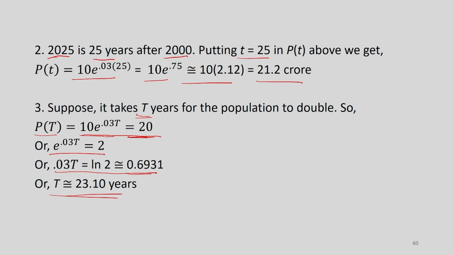And so in short, the population of that country will double in a little bit more than 23 years if it continues to grow at 3%. Now, the relevant question for India will be how long will it take for India's population to become 200 crore, right? It was roughly 100 crore in 2000. So, how long will it take for the population of India to become double, that is 200 crore?